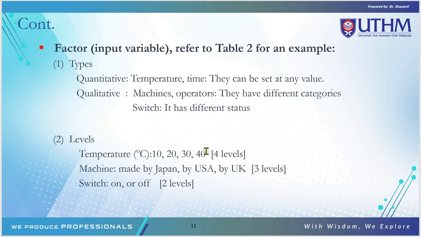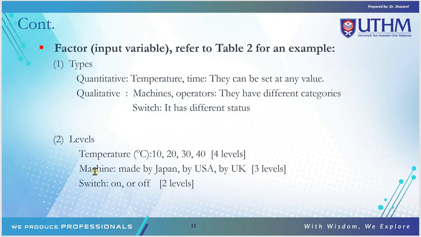And then we have the level. For temperature, we have several levels that we can set. For example, here we have 10, 20, 30, 40, so we have 4 levels of temperature. The temperature is the factor, and these are the levels of the factor. Then we have types of machine, which are USA, UK, and also Japan. Here is a different example: we have 3 levels of machine, according to different type, but we can also call it level.